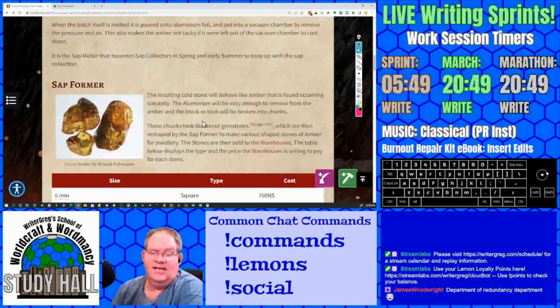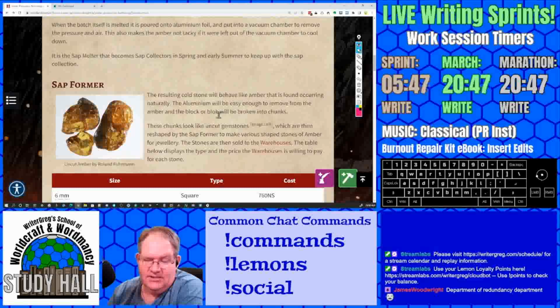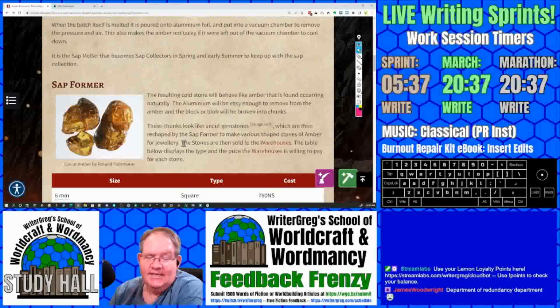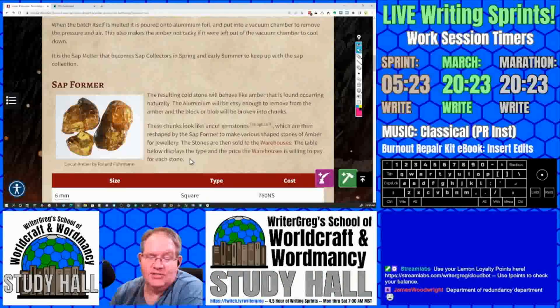These chunks look like uncut gemstones, which are then reshaped by the sap formers to make various shaped stones of amber for jewelry. The stones are then sold to the warehouses. The table below displays the type and price the warehouses is willing to pay for each stone.